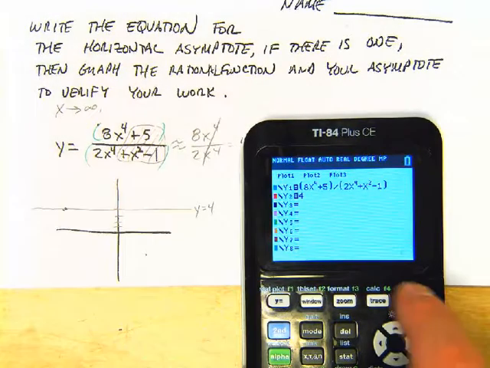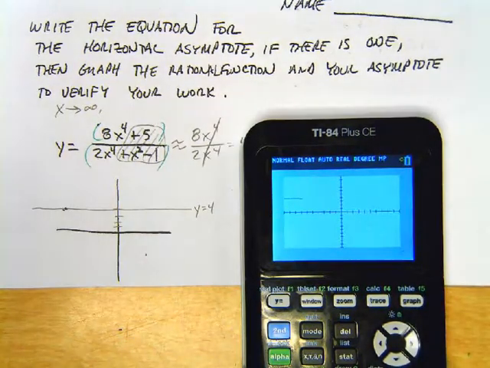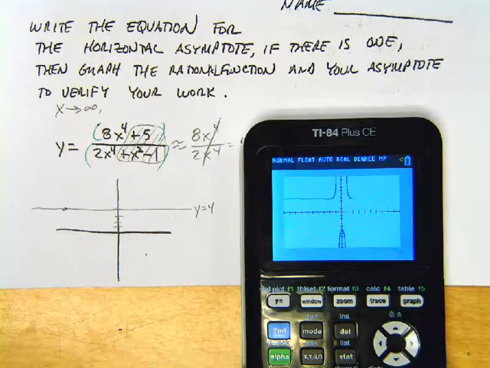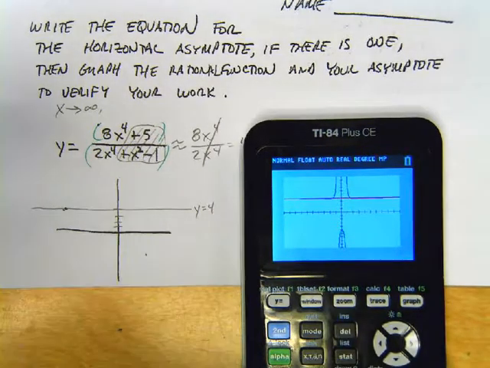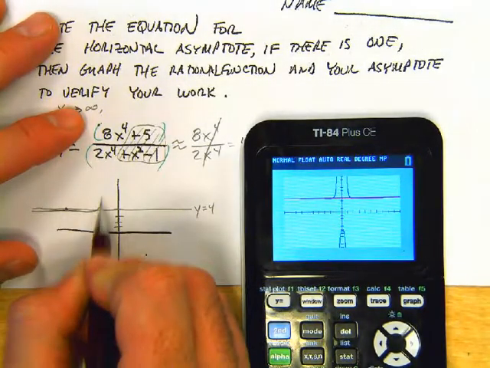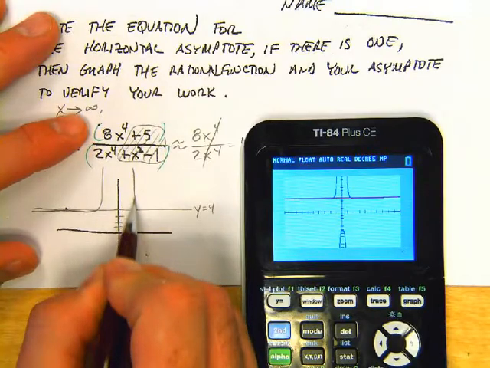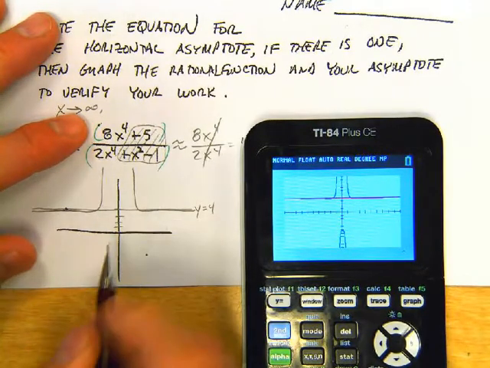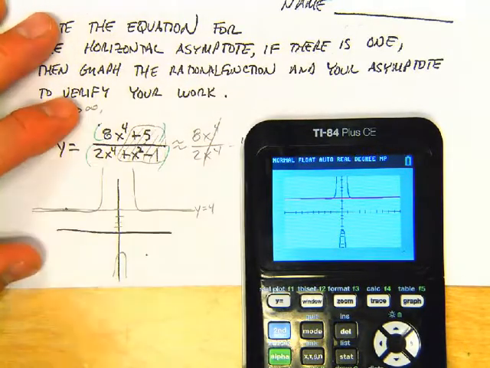So let's take a look. There is the function, and there's the asymptote, and you can see that as x gets big, the function follows the asymptote out there and there.